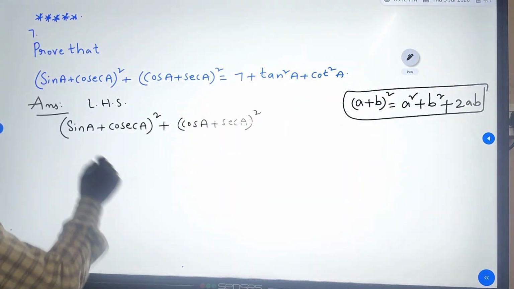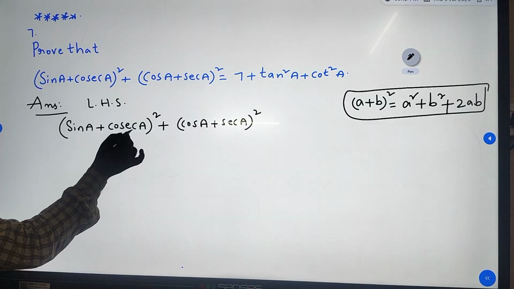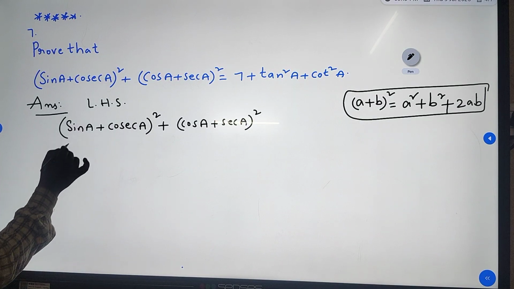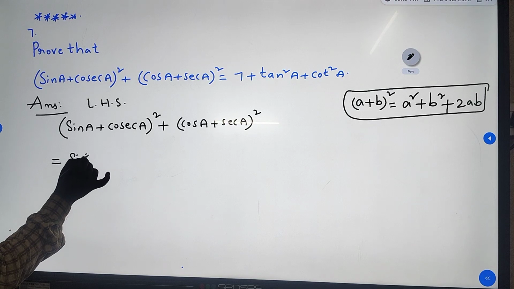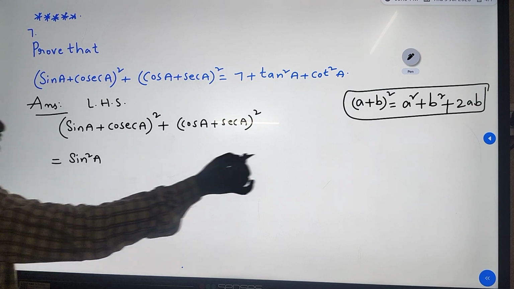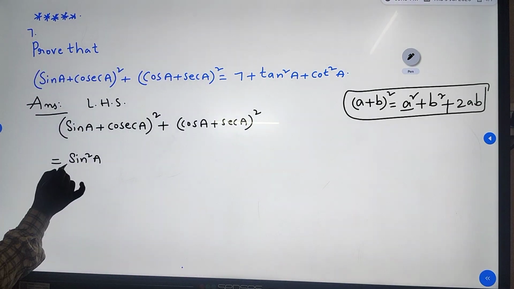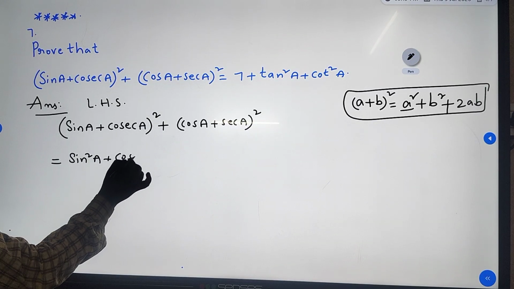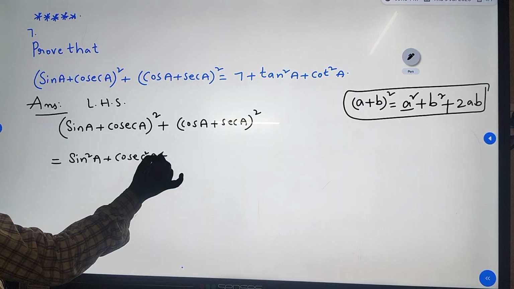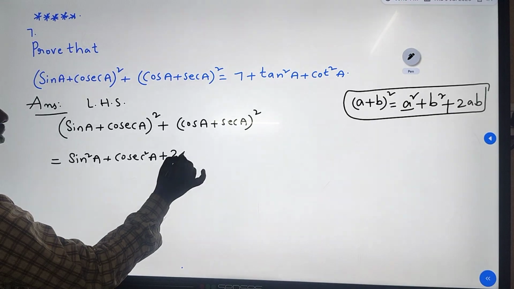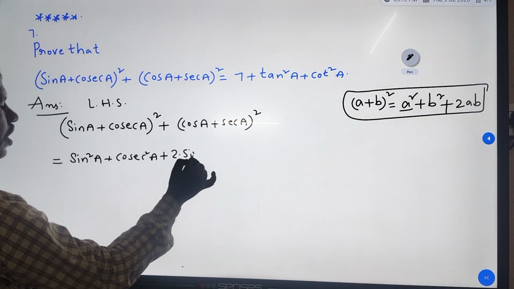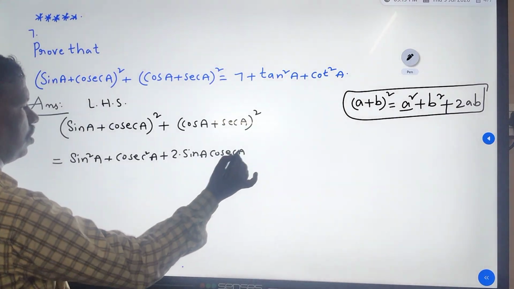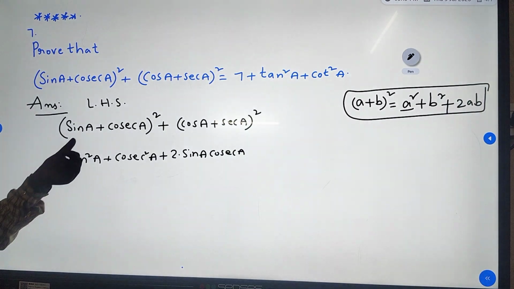Okay, so convert this. Sin A plus cosec A whole square. A square means this is the A, sin A, so sin square A. Plus B square, cosec square A. Plus 2 into sin A into cosec A. Yes, listen.